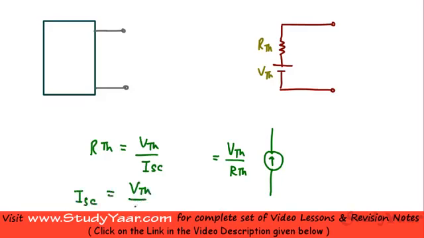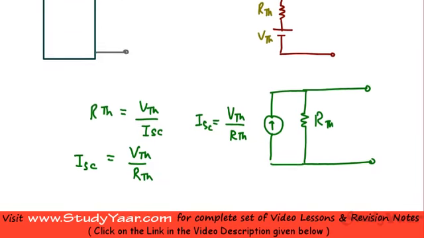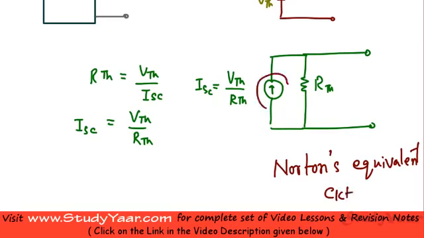So the strength of this current source is equal to ISC, and it has RTH in parallel. This type of equivalent circuit is known as your Norton's equivalent circuit, and this current source is known as your Norton's current IN.